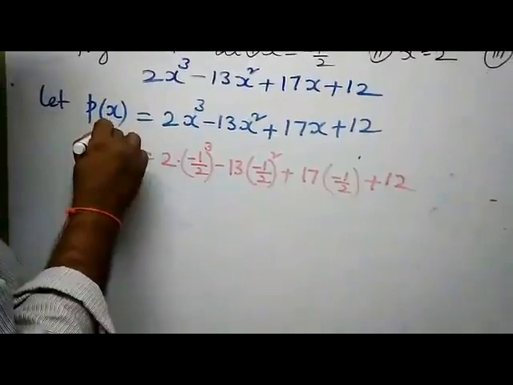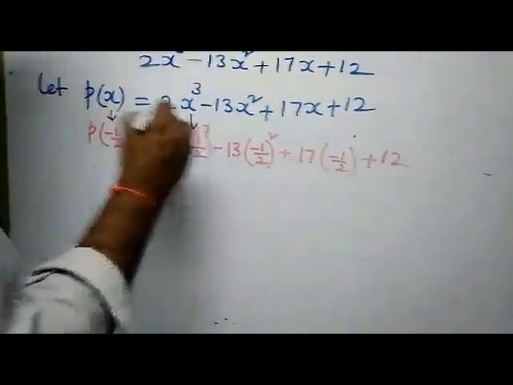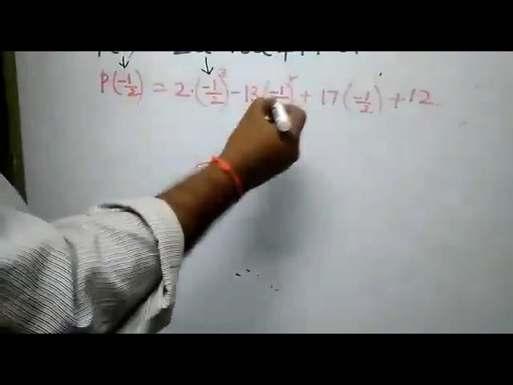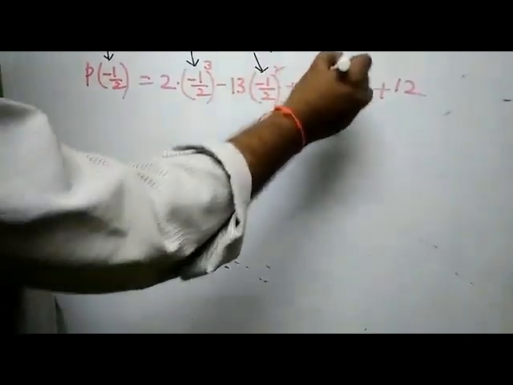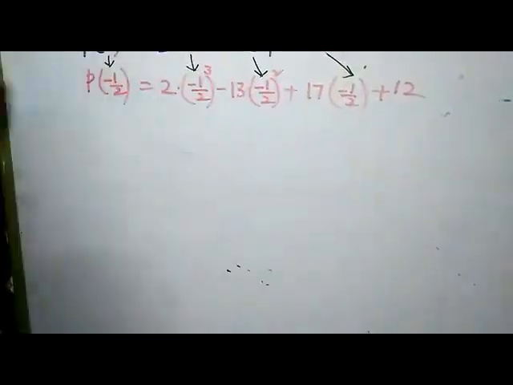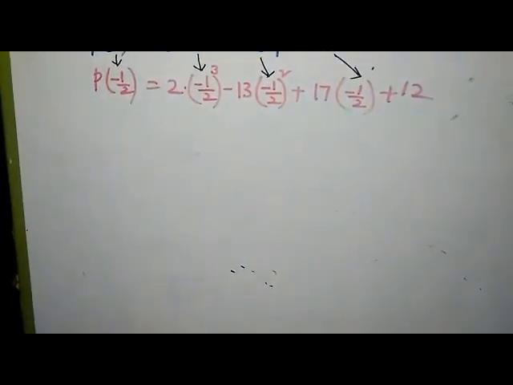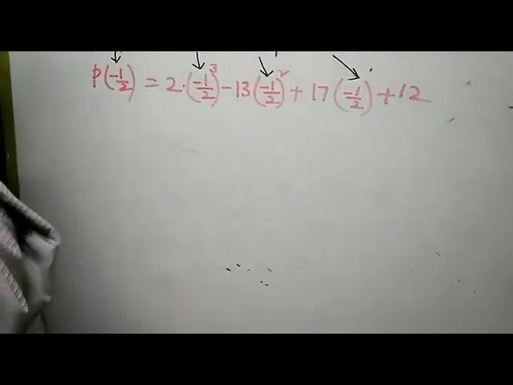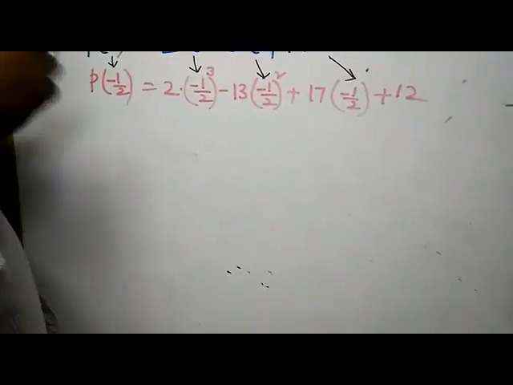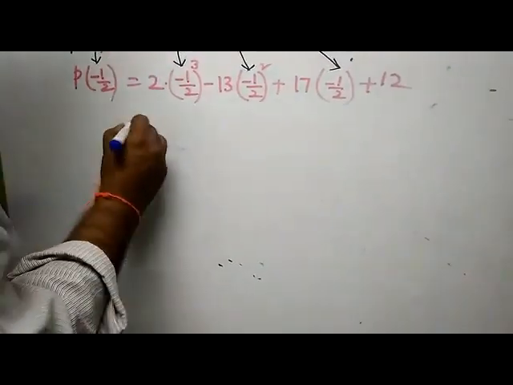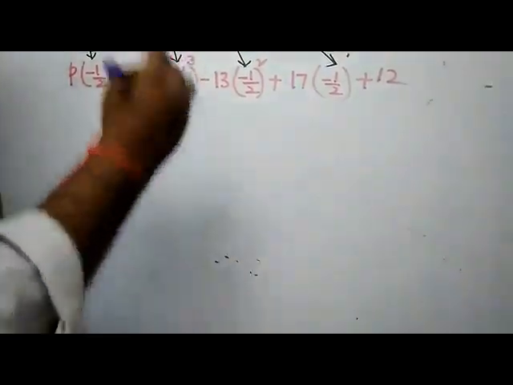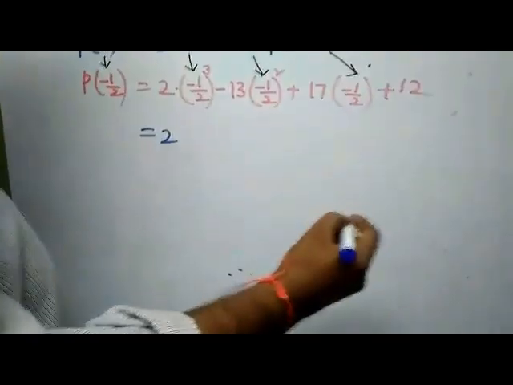X is equal to minus 1 by 2, that's why minus 1 by 2 whole cube, here minus 1 by 2 whole square, here minus 1 by 2. So simplify first of all, 2 into minus 1 by 2 whole cube.